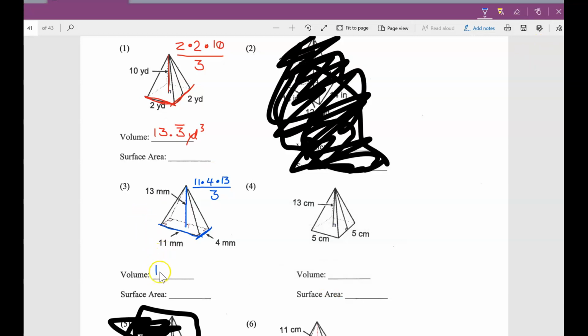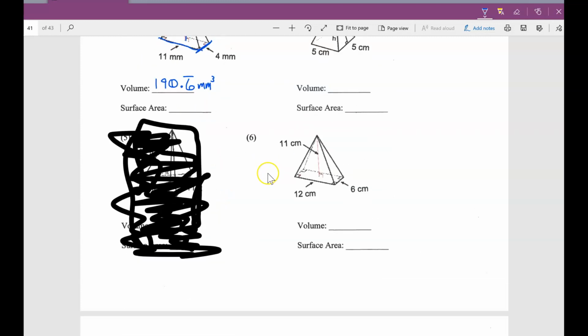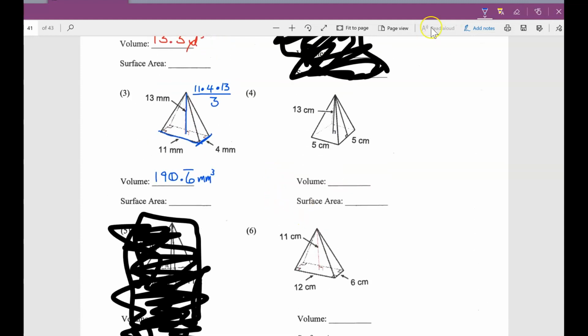So the volume here is 190.6 repeating millimeters cubed, since it's volume. Take the 3 measurements that you need, left to right, front to back, floor to ceiling, multiply them all together, and then divide by 3. That will always work for you.